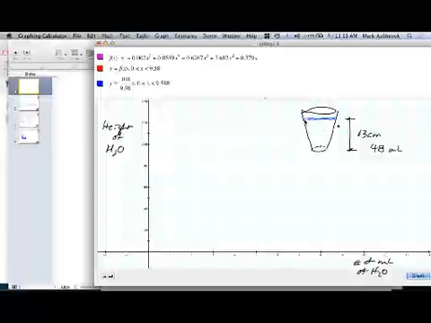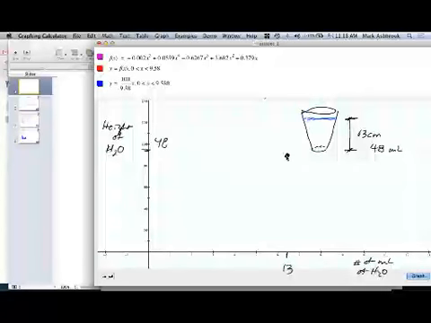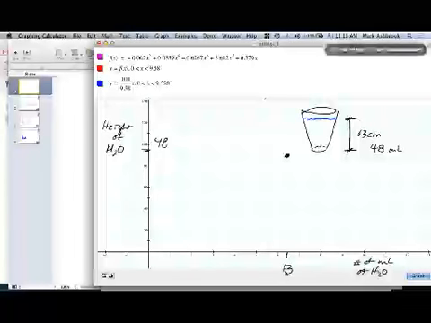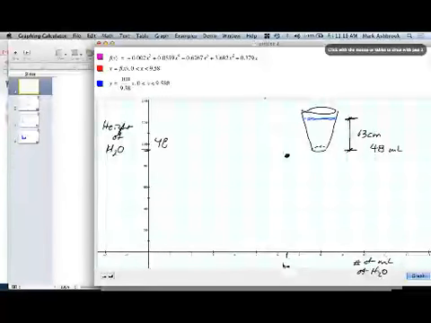So say this is 13, this is 48: 48 milliliters, 13 centimeters.